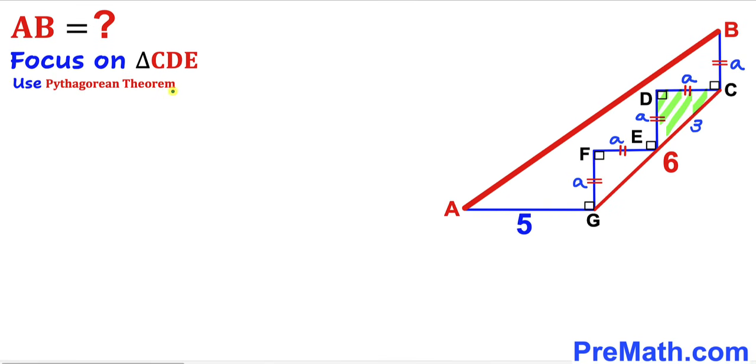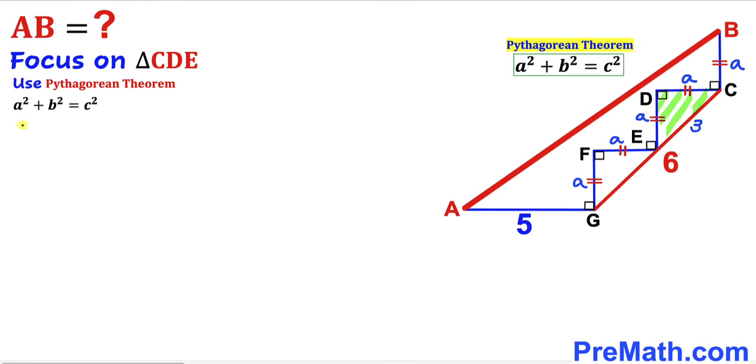We are going to apply the Pythagorean theorem on this triangle to find the value of lowercase a. Here's our Pythagorean theorem: a squared plus b squared equals c squared. In our case, our hypotenuse is 3, whereas our two other legs are lowercase a and lowercase a as well.